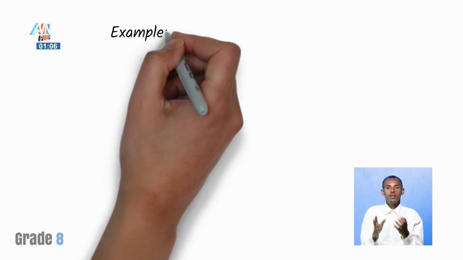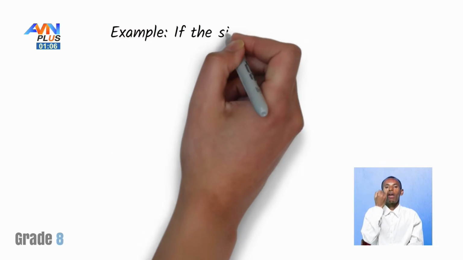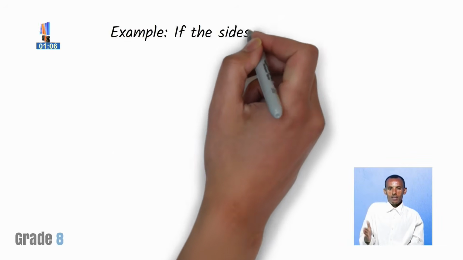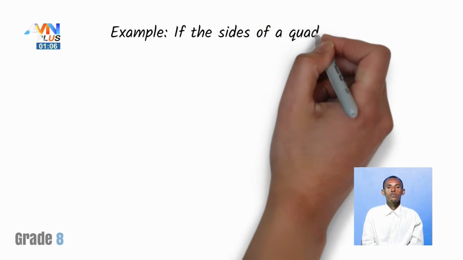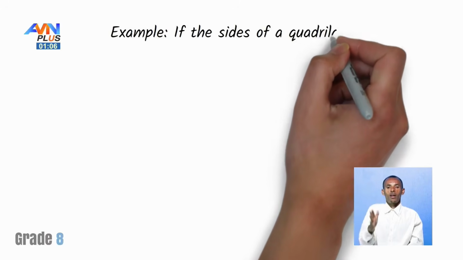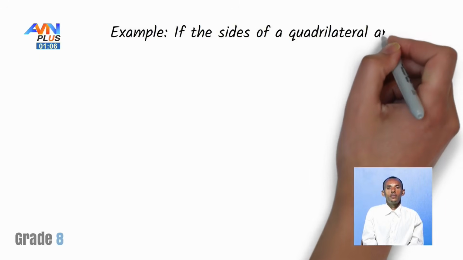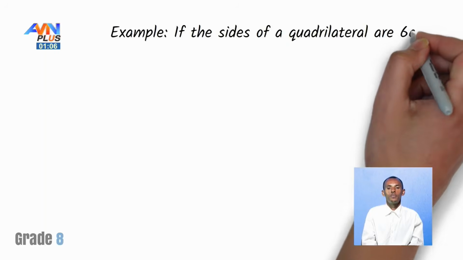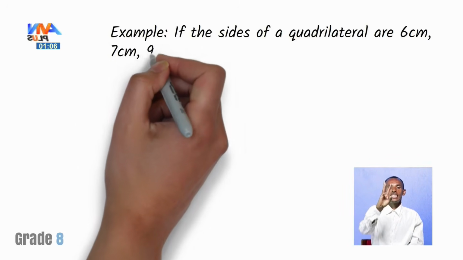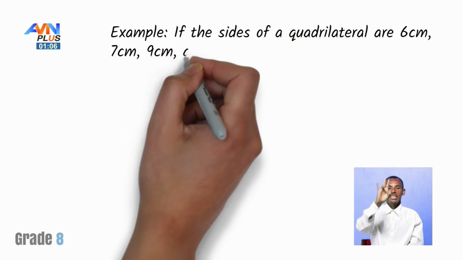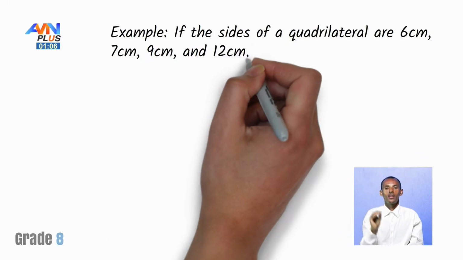let's see this example. If the sides of a quadrilateral are 6 centimeter, 7 centimeter, 9 centimeter, and 12 centimeter.